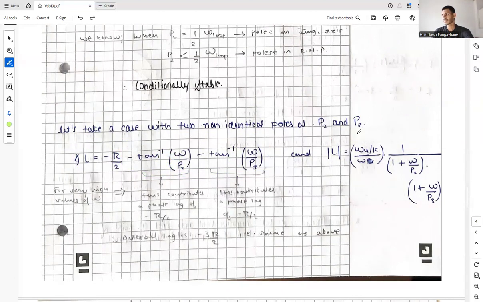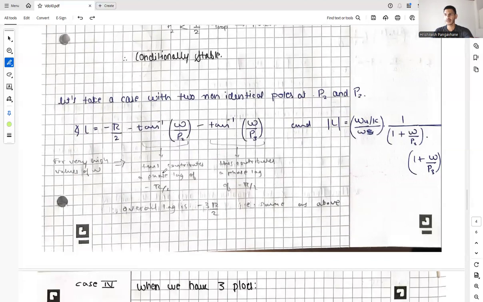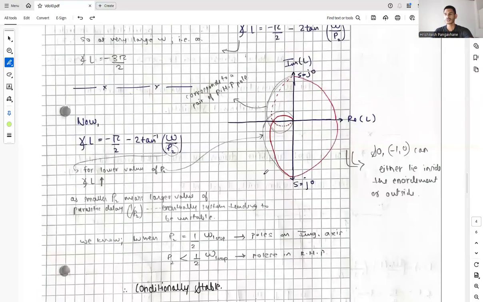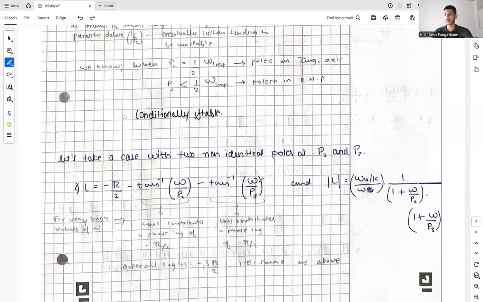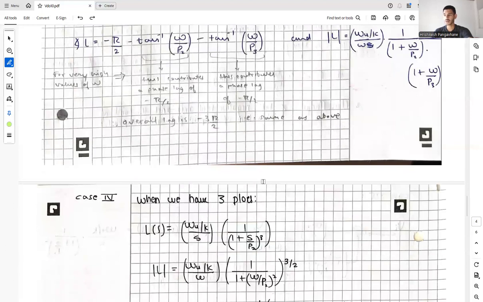The magnitude is basically omega u by k divided by omega, times 1 upon 1 plus omega by P2, times 1 upon 1 plus omega by P3. For very high values of omega, this part will contribute minus pi by 2, and this part will contribute minus pi by 2, and in total the overall lag is minus 3 pi by 2, which is the same as this condition. So even with two non-identical poles, the system is conditionally stable based on what value of P2 we are getting.